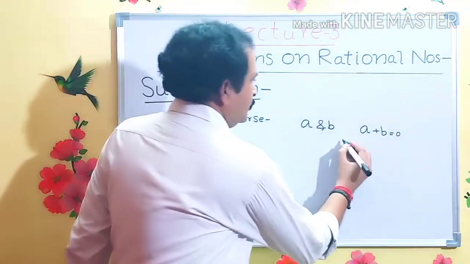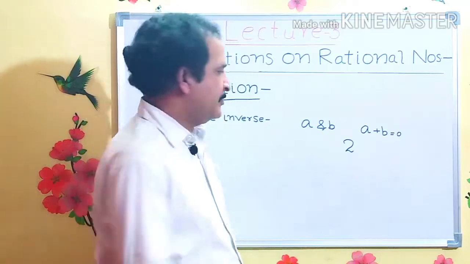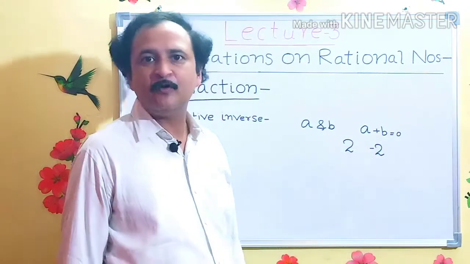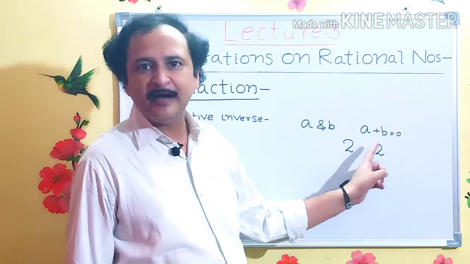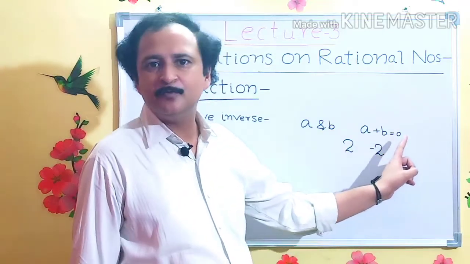Suppose there is a number 2, then minus 2 is the additive inverse of 2 and 2 is the additive inverse of minus 2, because 2 plus minus 2 is equal to 0.